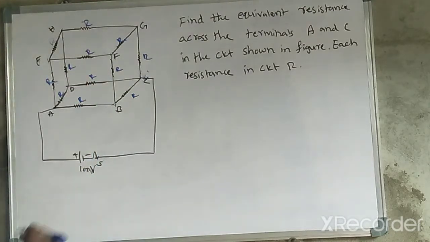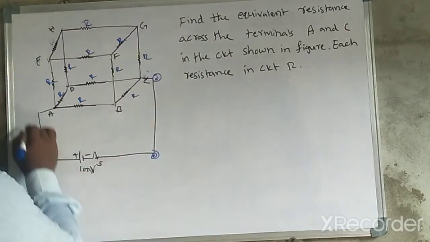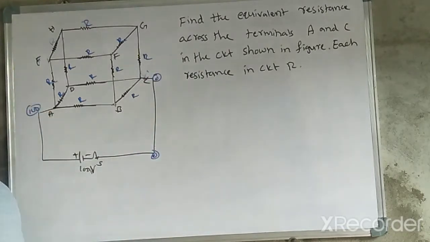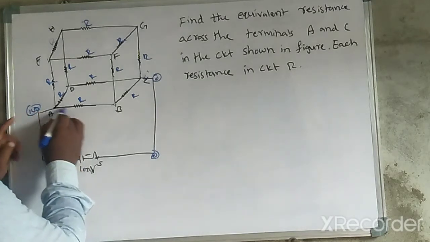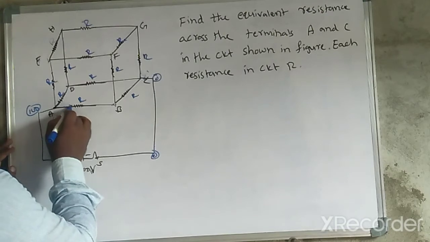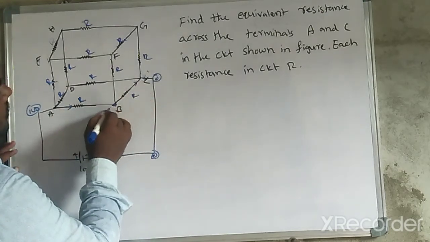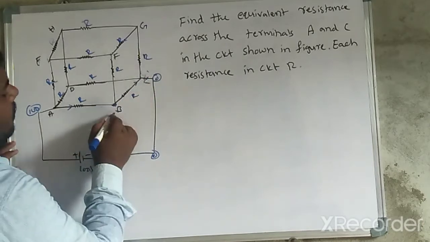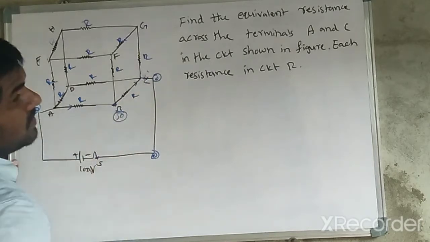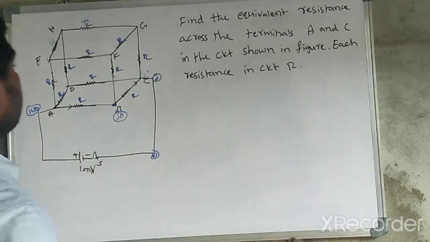When you connect here, on this side is 0 potential and here is 100 volt potential. So the current leaves here and enters here like this. Here is the midpoint, so here also the midpoint, so the central potential is 50 volts, because the resistors are the same.